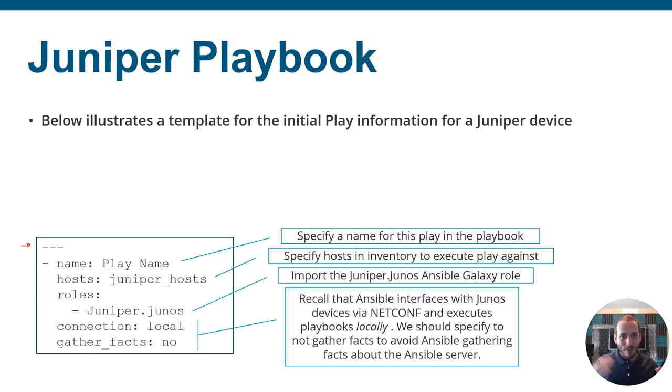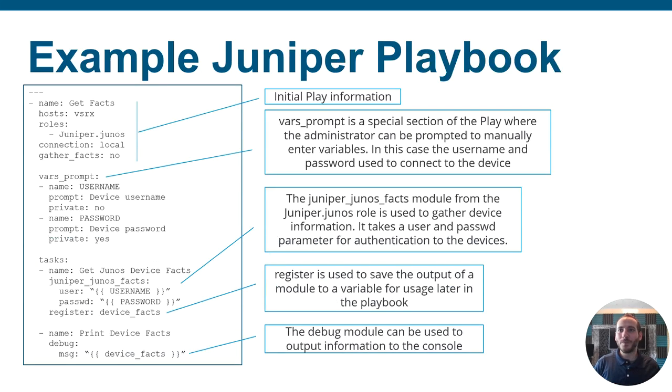So let's take a look at a full playbook here. We have, again, the start of our YAML file and our list item, which is one play. We have one play within this playbook here because we have one list item. The play is called getFacts.